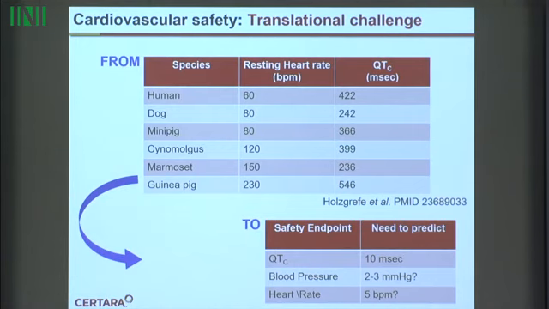And here's the challenge. So we need to translate this diversity of data to what we consider to be meaningful safety signals. So these are not signals in first-in-human studies where someone would fall over. So these are very subtle effects which late in clinical development would be a very significant safety concern, not because at the individual level they are, but at the population level, a very small change in blood pressure could actually be very significant.